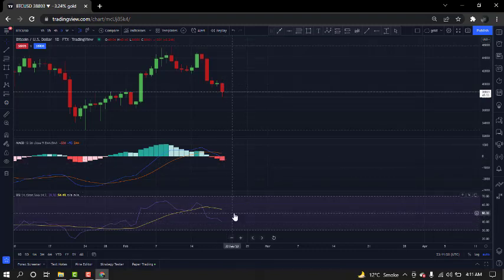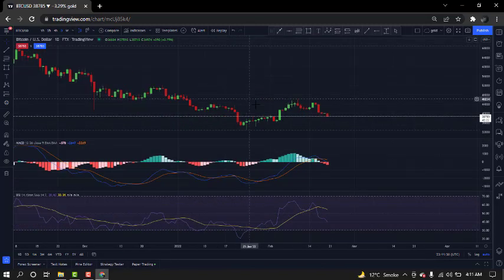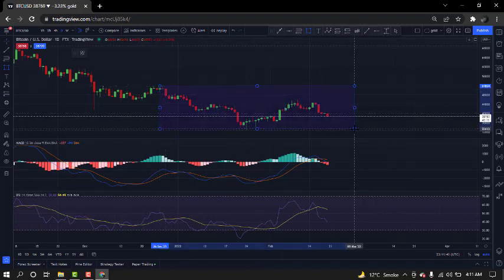In RSI it's right now at the 39 or 40 level. This is a bit of a zone situation. You can see it's higher high, higher low. The market is going continuously in the same pattern, not crossing up, not going down. So this is a mixed-up, continuous market trend.